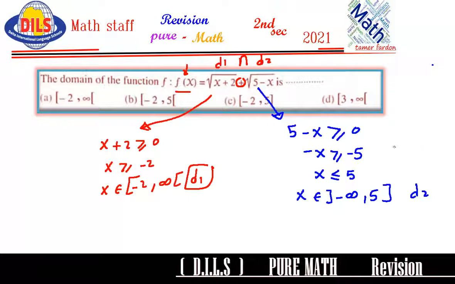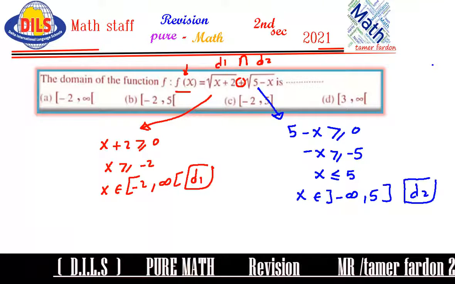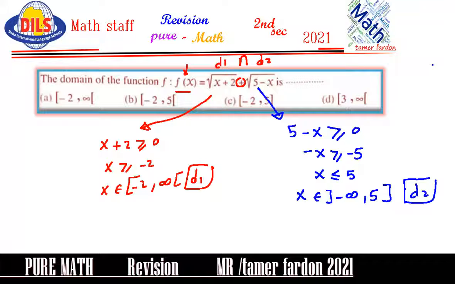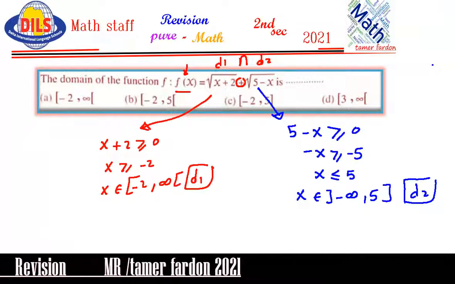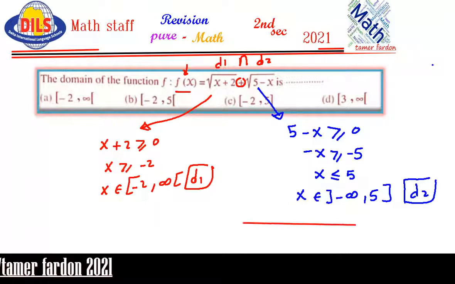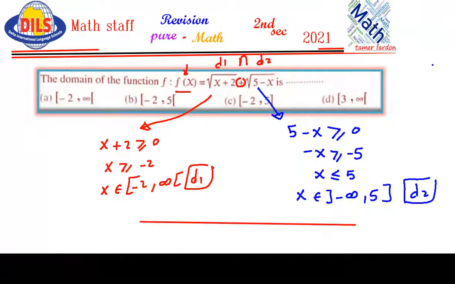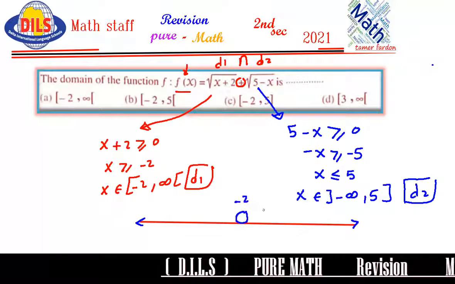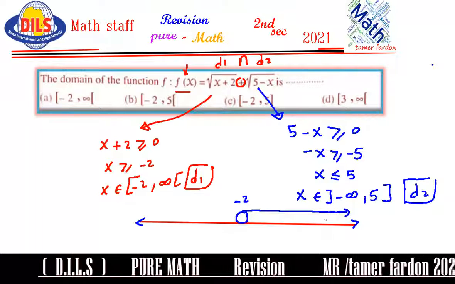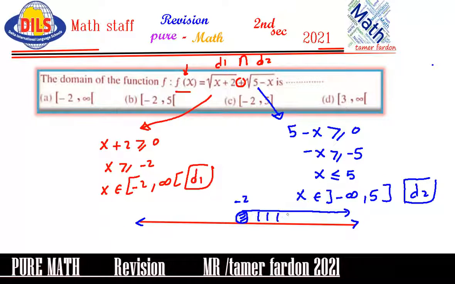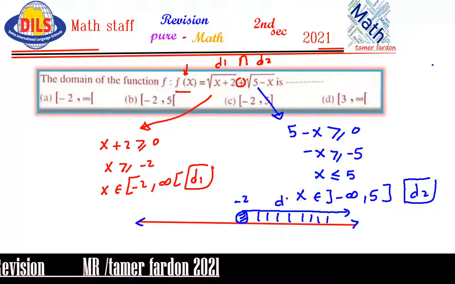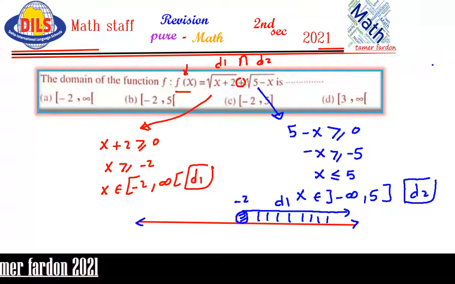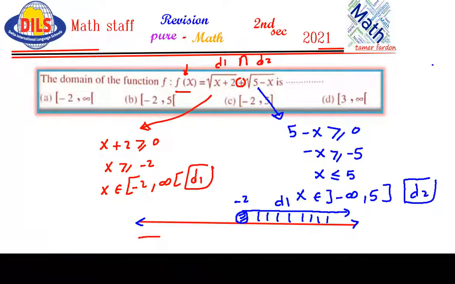Our domain is the intersection between d1 and d2. To find it, we can represent each of d1 and d2 on the number line. d1 starts from negative 2 up to infinity. d2 is from negative infinity up to 5.